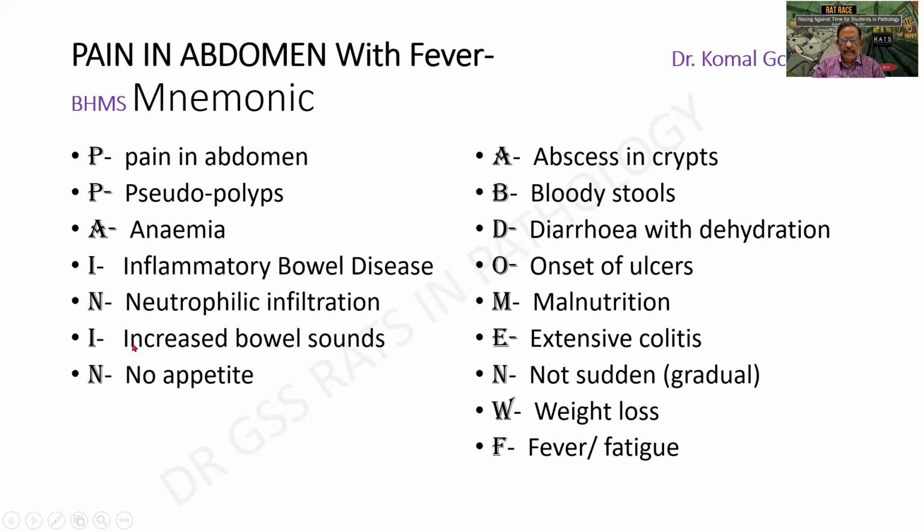Pain: increased bowel sounds, no appetite or loss of appetite. Abdomen: A for abscess, B for bloody stools, D for diarrhea, O for onset of ulcers, M for malnutrition, E for extensive colitis, N, it is not sudden, it is a gradual disease.